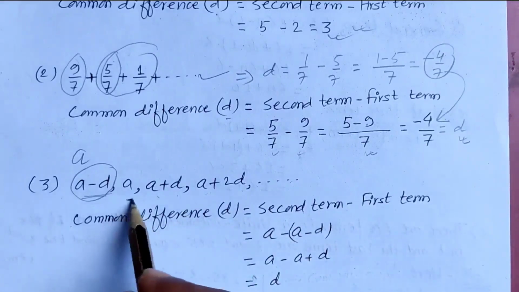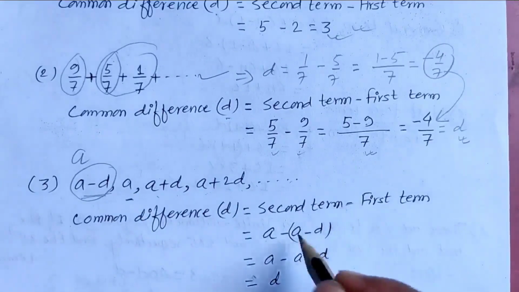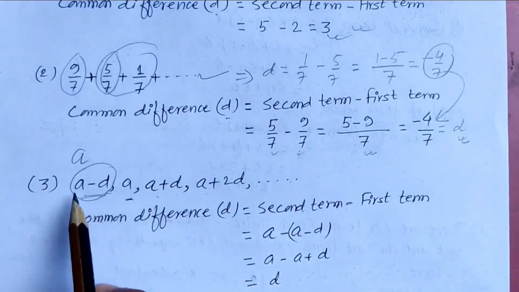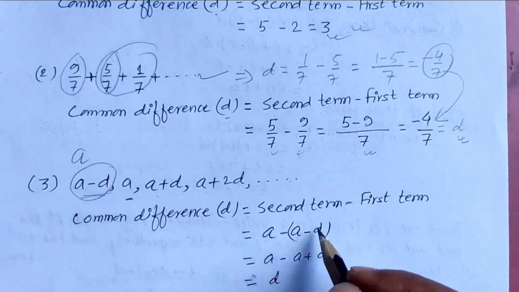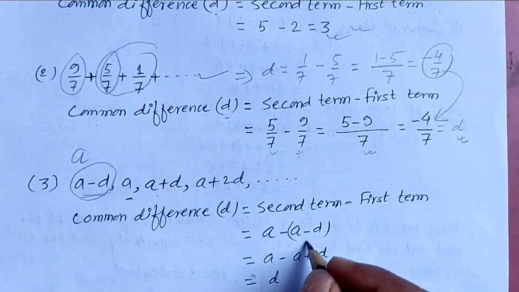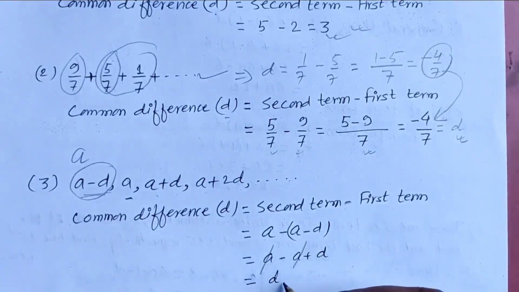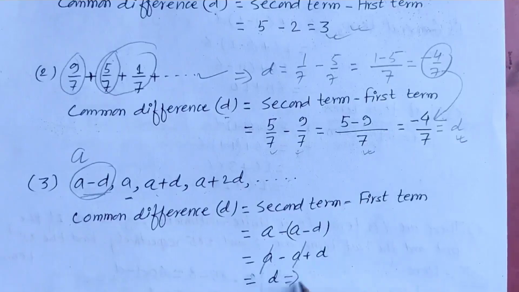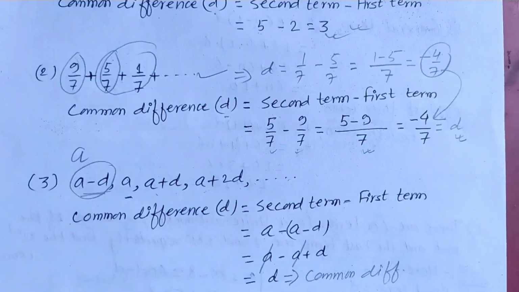The second term is A plus D, so we write A plus D minus, according to the formula, the first term A minus D inside the bracket. So minus times minus gives plus. The A and minus A terms cancel out, and the remaining term D is the common difference. Like this we can find out the common difference from the given sequence or series.